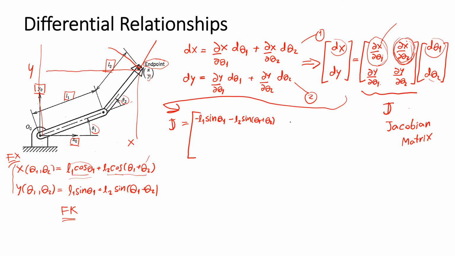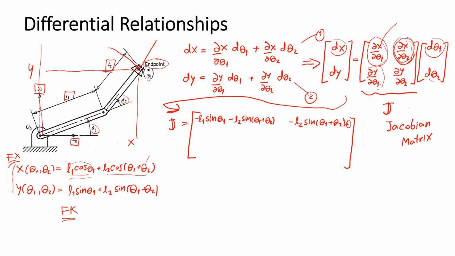The second term, minus L2 sine. And the derivative of θ1 plus θ2 by θ2, since θ1 is constant, is 1.